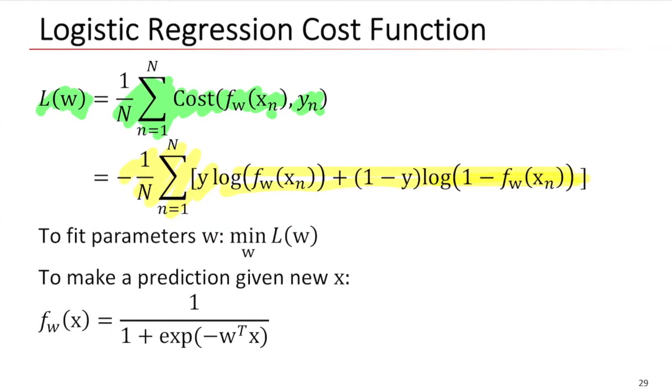So the problem will be to find the parameter w that minimizes this loss function. This is the training procedure for classification.